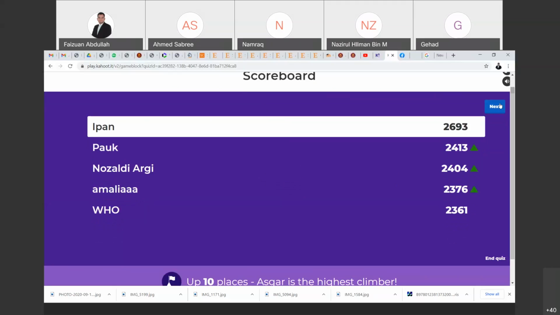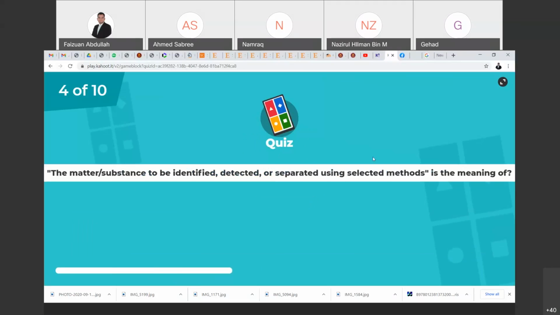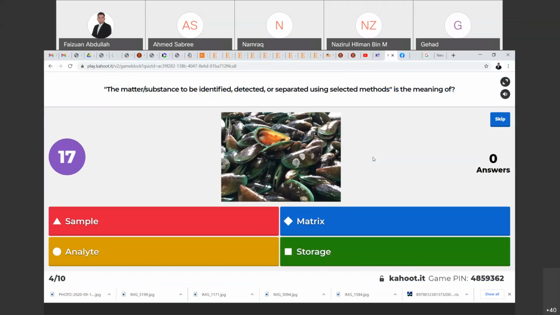Right. Now, the matter or substance to be identified, detected, or separated using selected methods is the meaning of sample, analyte, matrix, or storage.